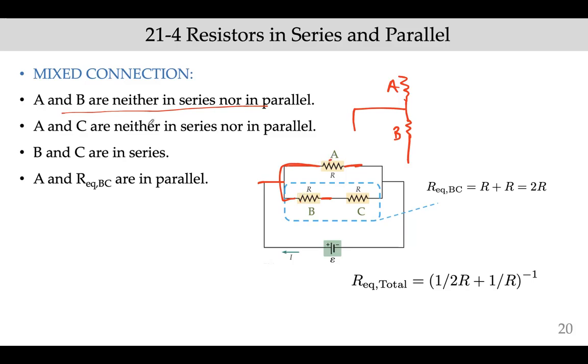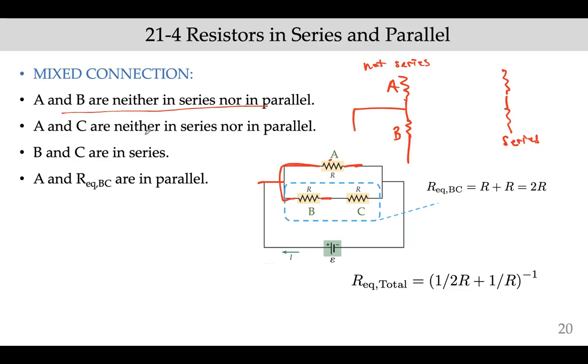So A and B are neither in series nor in parallel. Again, for series, you would need something like this: they're connected one after another, but there's no other connection or splitting in the wire. So this would be series, but this is not in series.